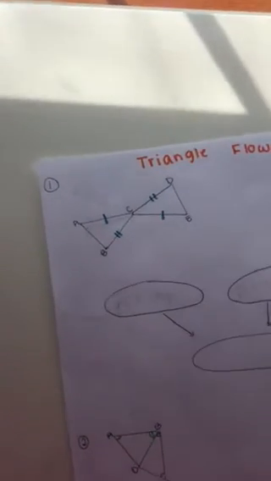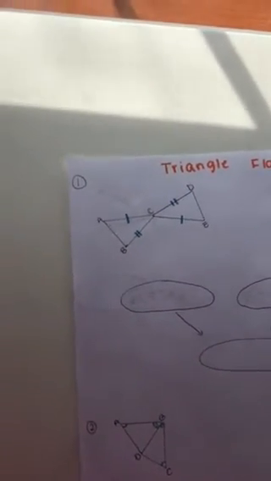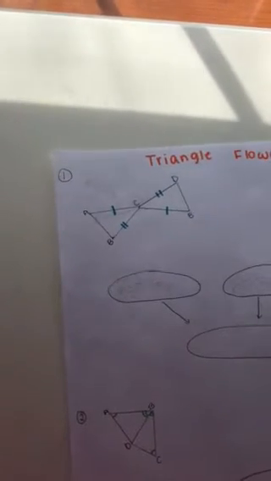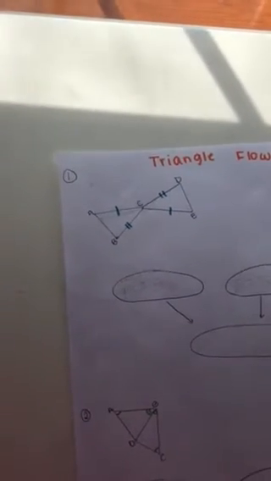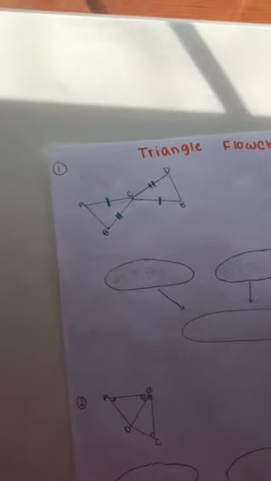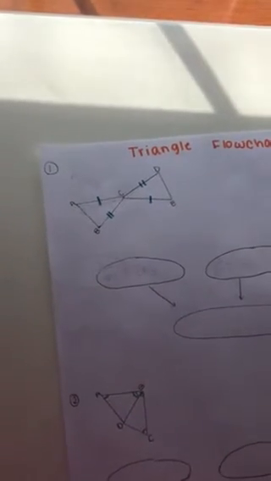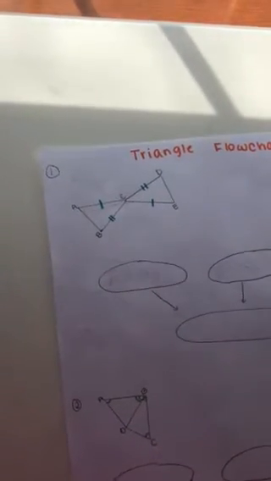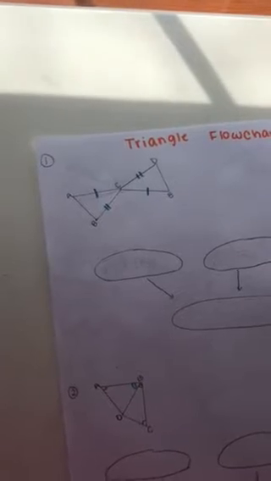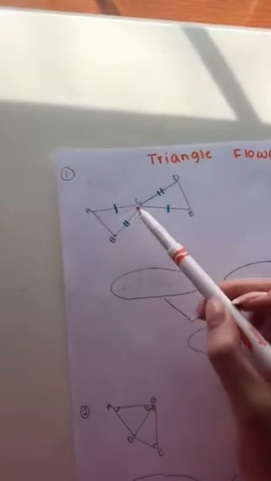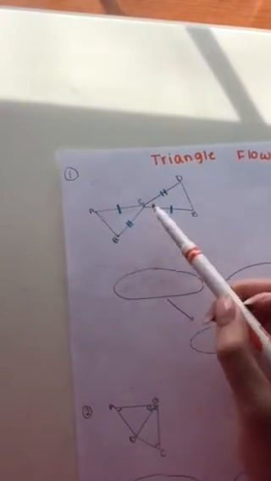So when we're thinking about which congruence theorems to use, we have angle, angle, side, side, angle, side, hypotenuse, leg, side, side, side, and angle, side, angle. So right now we're given two pairs of sides that are congruent.